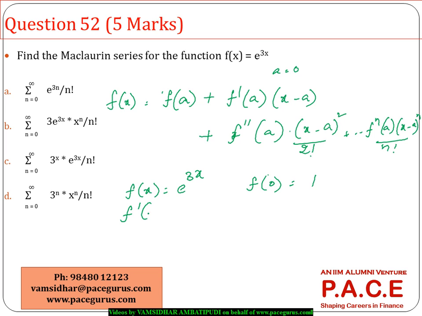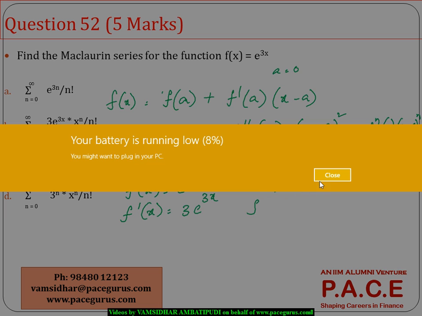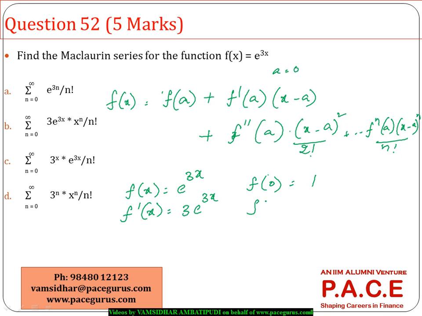Then f dash of x will become 3 e power 3x. So f dash of 0 will become 3 into e power 0, which is 3. f double dash of x will become 9 into e power 3x. So f double dash of 0 will become 9.